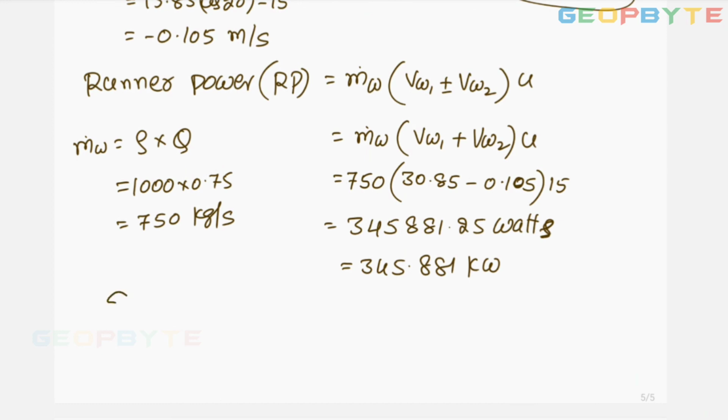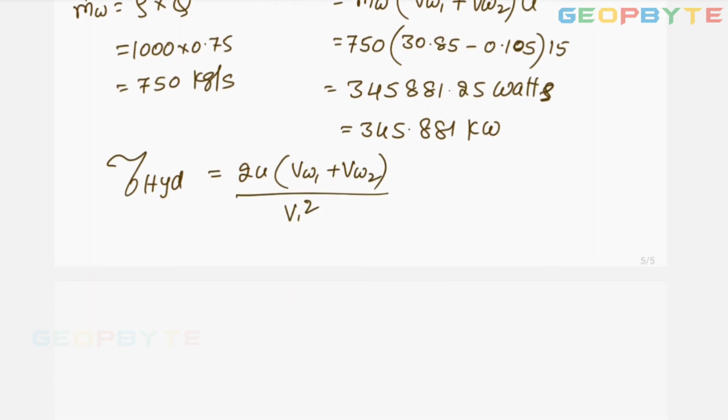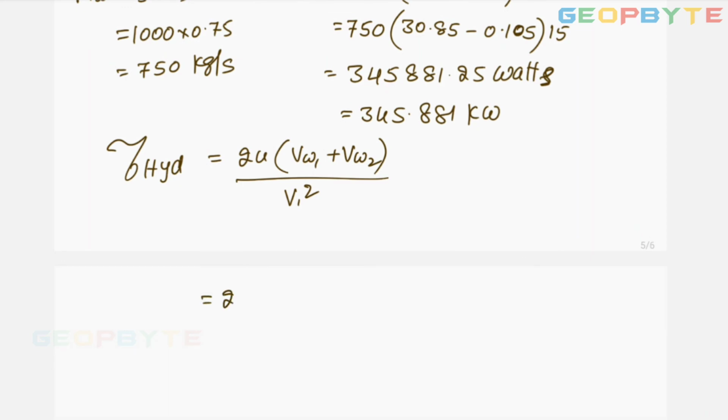Then hydraulic efficiency, 2U into VW1 plus VW2 by V1 square. 2 into U 15, into VW1 30.85 minus 0.105, divided by V1 square.